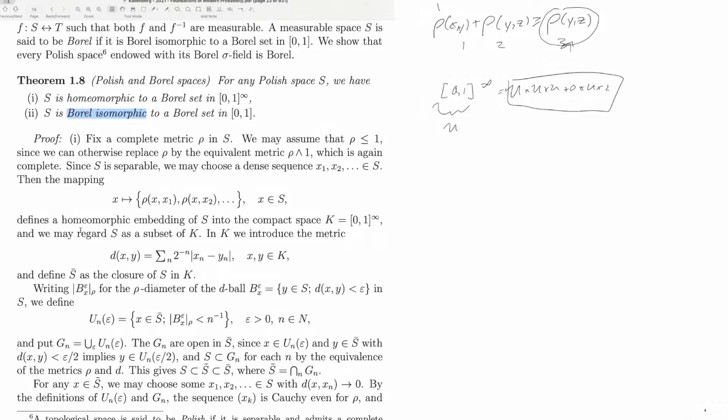Defines a homeomorphic embedding of S into the compact space. Compact I can believe. Homeomorphic.